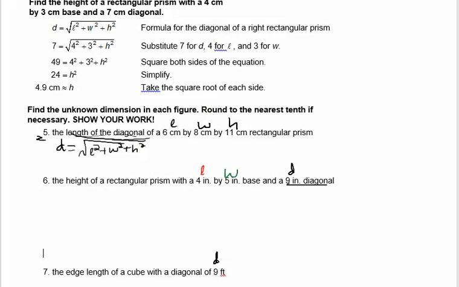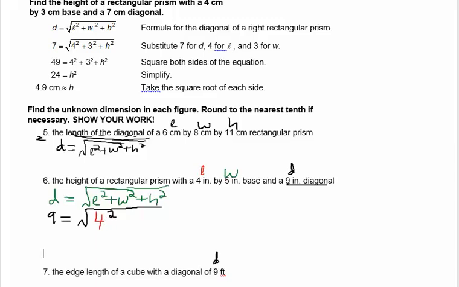But we're still going to use the same formula. It's just that the things that we'll plug in will be in different places. So D equals the square root of L squared plus W squared plus H squared. Let's go ahead and put into the formula the parts that we know. The diagonal is 9. The length is 4, and I'm going to square that.